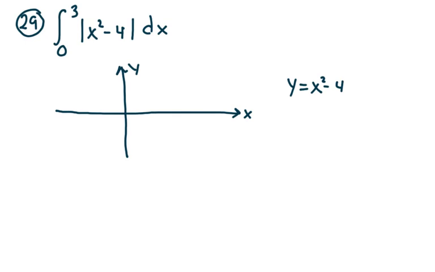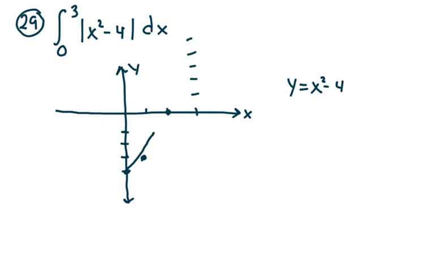Now, what that looks like is the following. So we're going to go down 4. And so I start off with 0, negative 4. I go over 1, and then I go down 3. I go over 2 and I stay. And then at 3, you get 5.